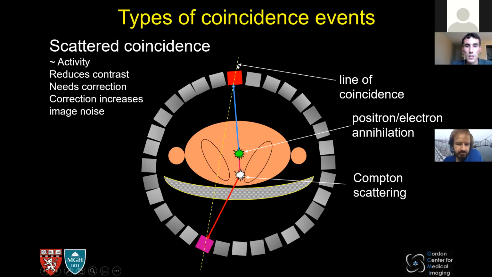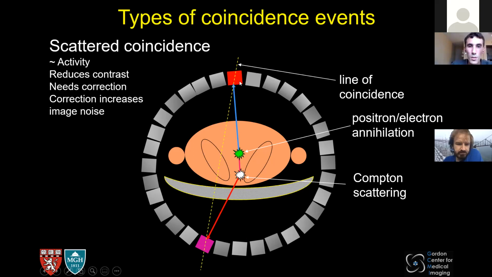As you can see, that's not good for us because the line of coincidence is not going through the site of annihilation. So this coincidence carries erroneous spatial information. It's going to reduce the contrast of the PET image, and of course we want to get rid of them, and we need to have correction techniques for those.